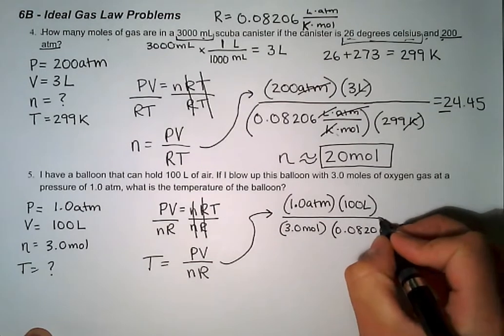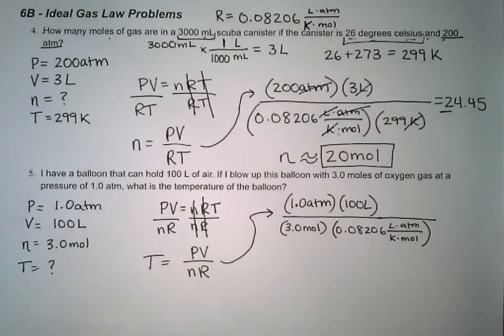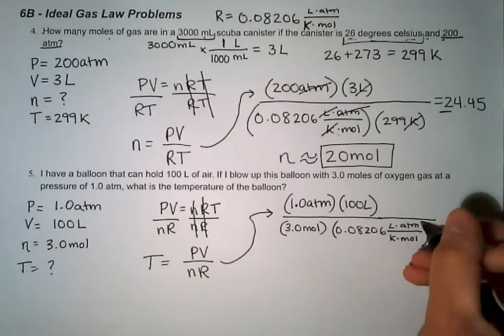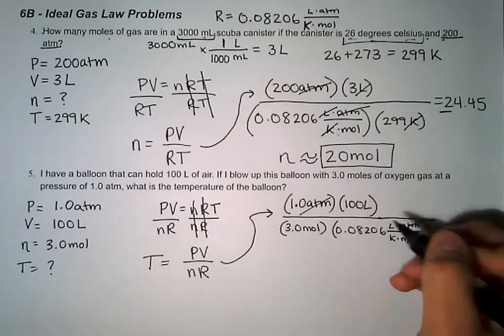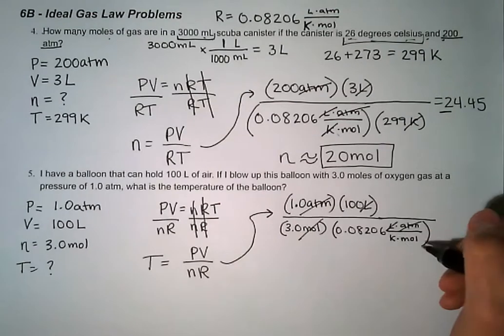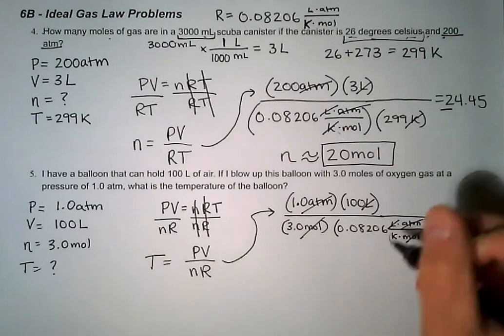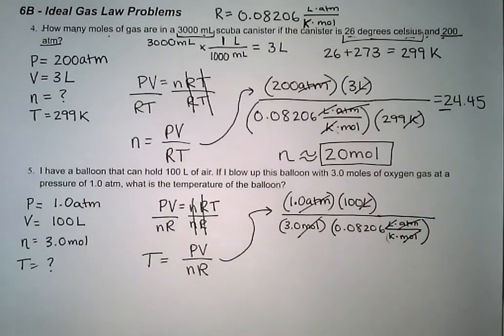Close those parentheses, draw my line a little longer. Now we just need a calculator. Oh, but first let's look at our units. ATM cancels with ATM, liters cancels with the liters down here, moles in the numerator cancels with moles in the denominator, so we will just be left with Kelvin, which is indeed a unit of temperature.